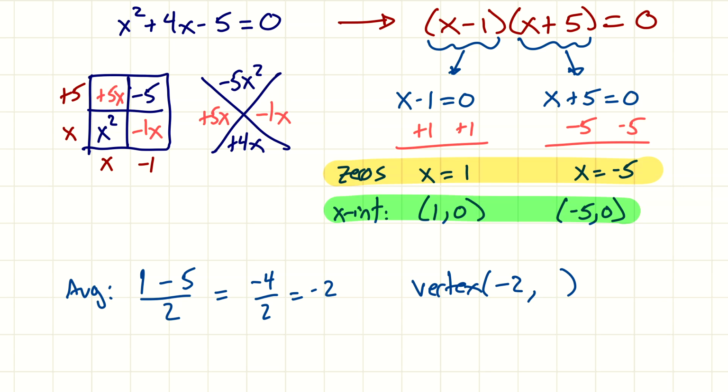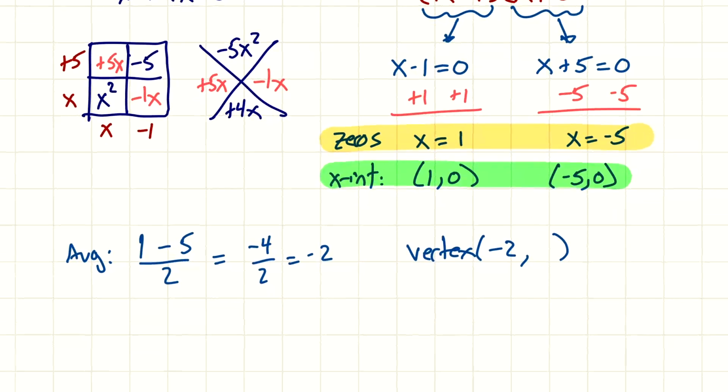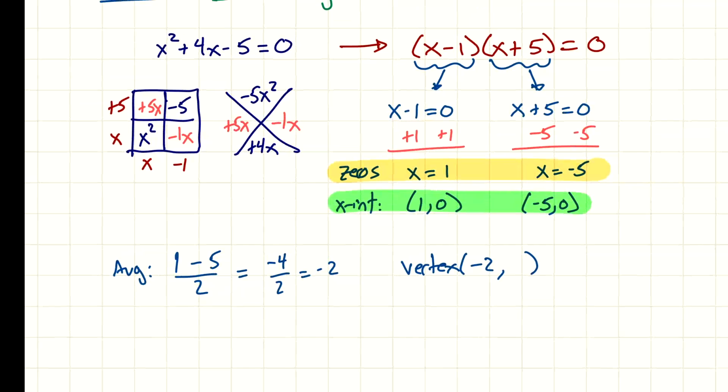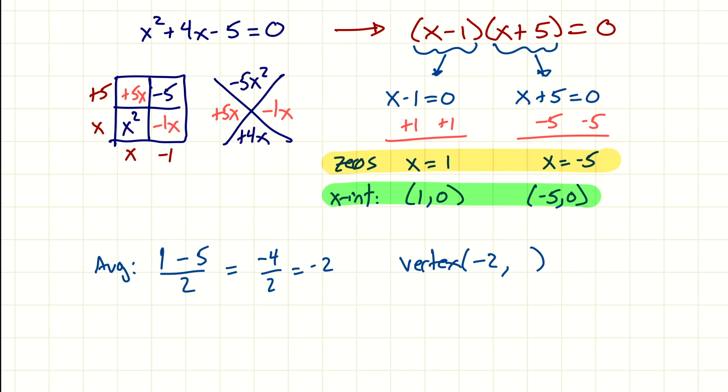All right, so let me see. I need to figure out what that y value is. And so that's where that original equation comes back. I'm going to plug that negative 2 into that equation.